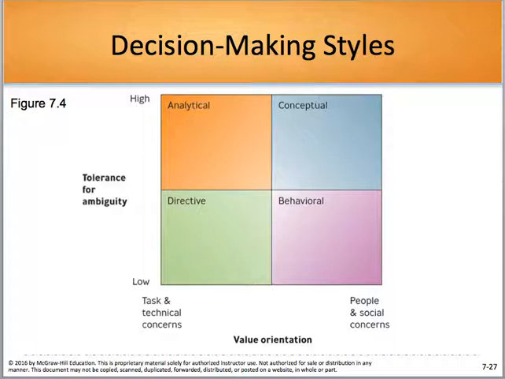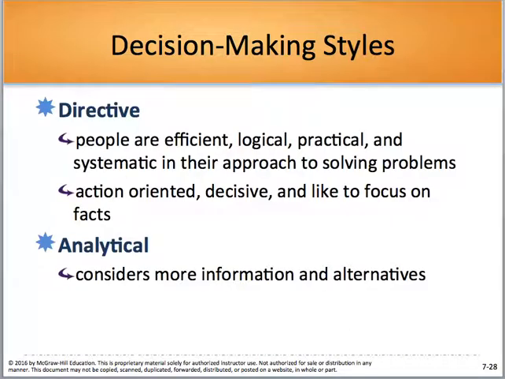And then of course you see the conceptual and behavioral, which deals with our people and social concerns. So, directive. You're efficient, logical, practical, systematic in your approach to how you solve problems. You're action-oriented, decisive. You like to focus on the facts. Analytical.